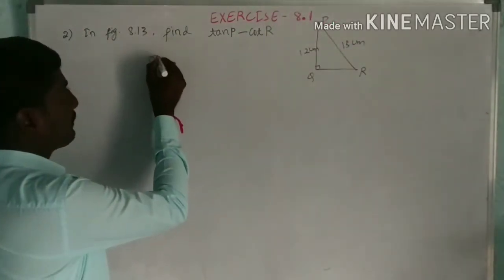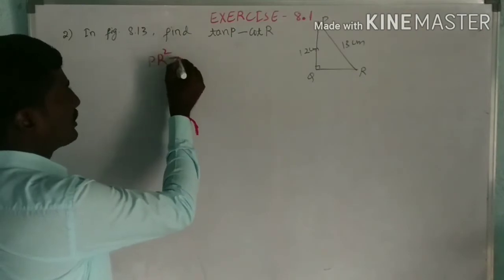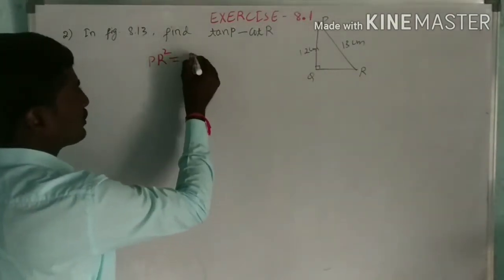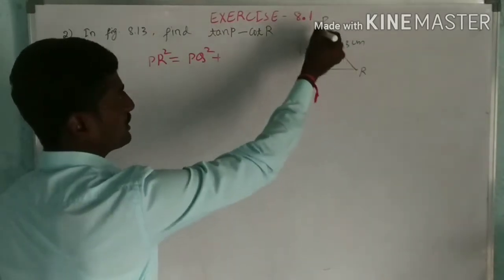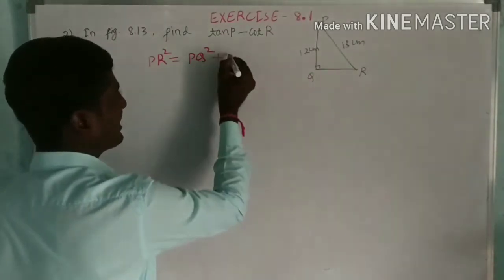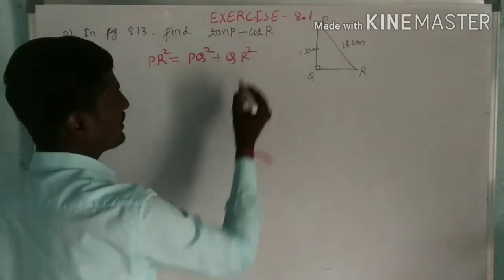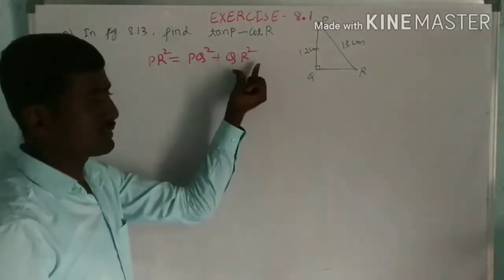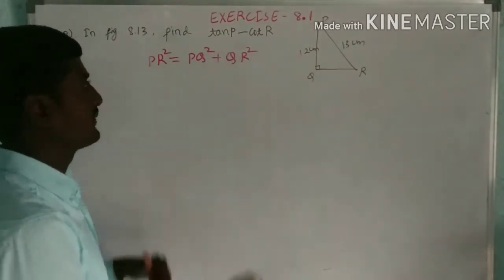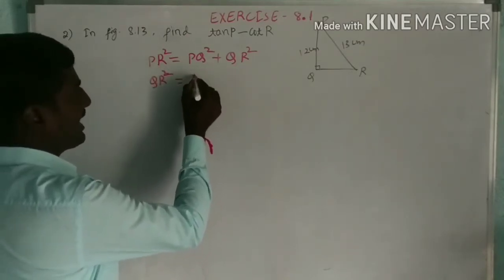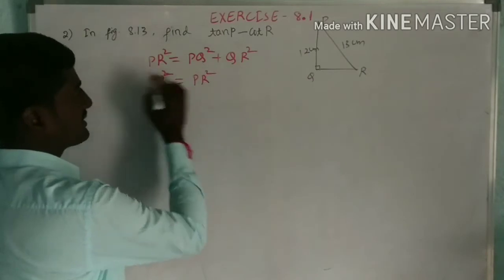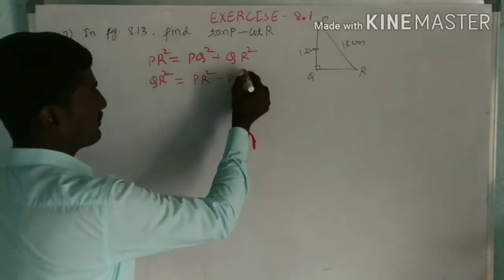So I can write here PR square is equal to PQ square plus QR square. Now here I want QR square. I will take PQ square to the left. QR square is equal to PR square minus PQ square.